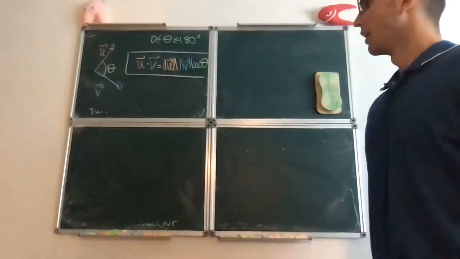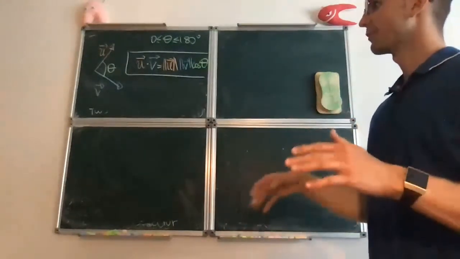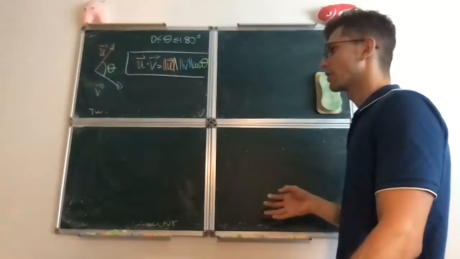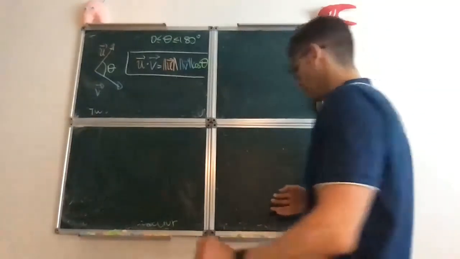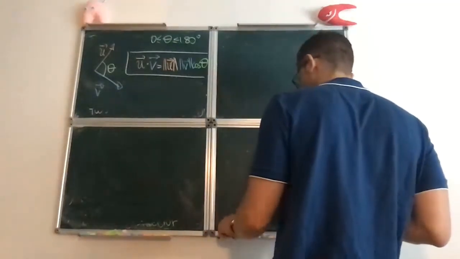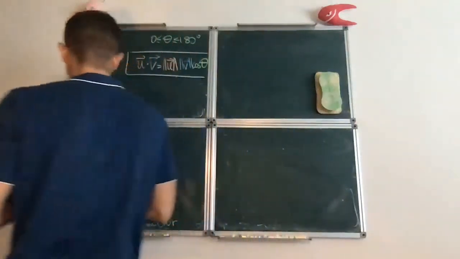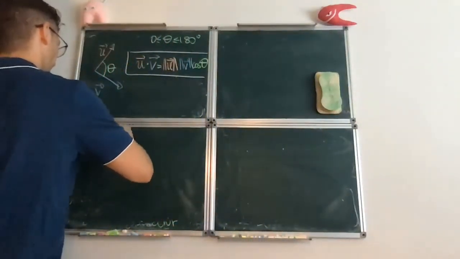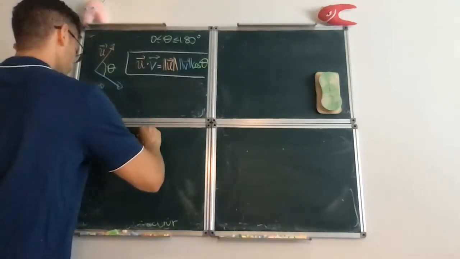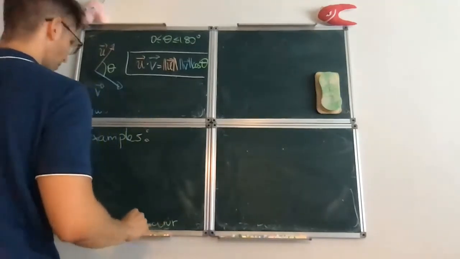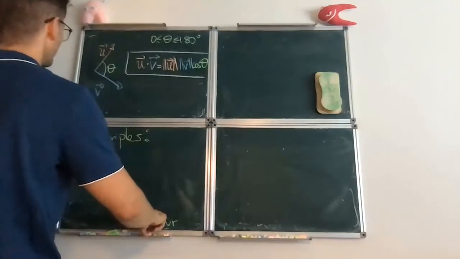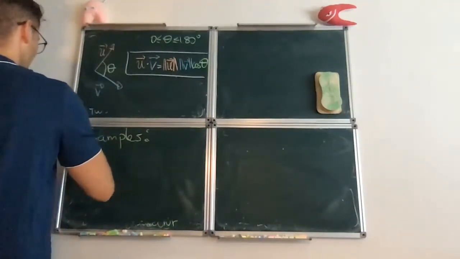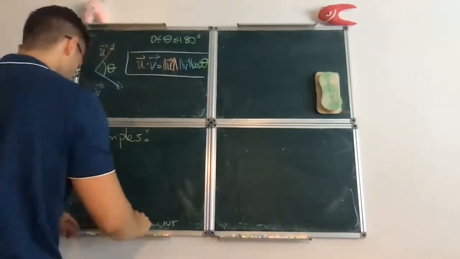Now, based on this formula, there are some consequences that you can draw. So what are some examples or properties? Well, the first example is what happens when these two vectors are at an angle of 90 degrees.